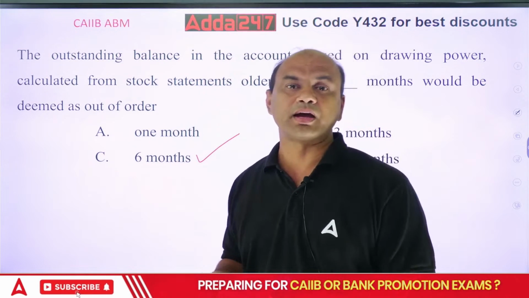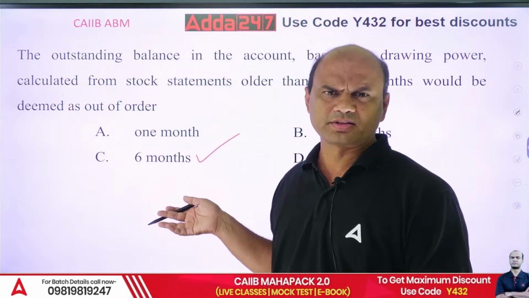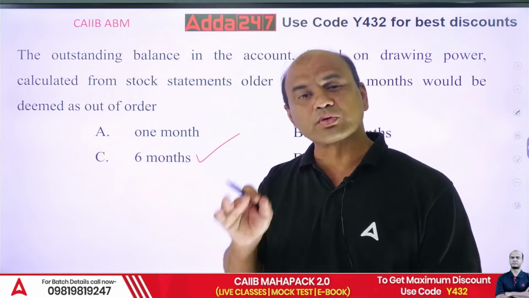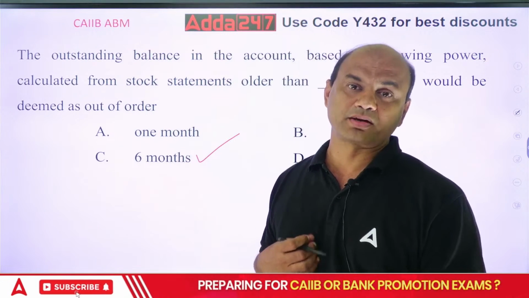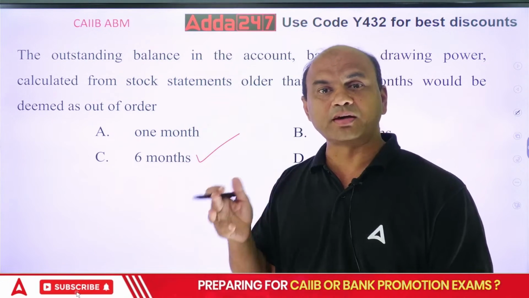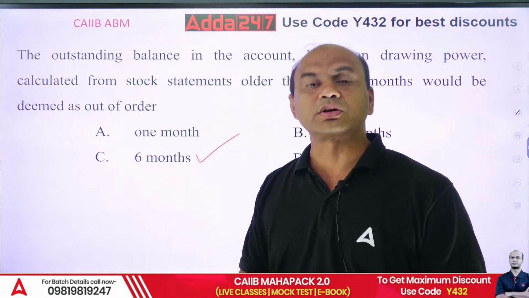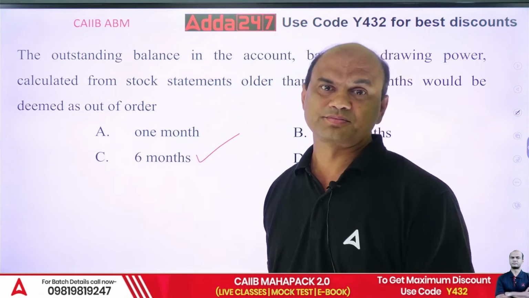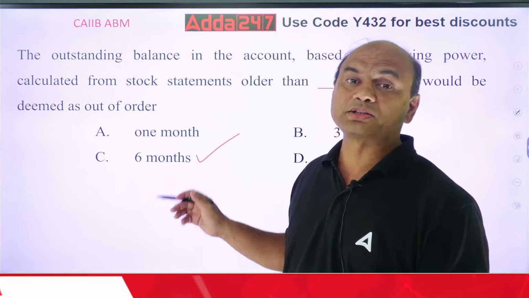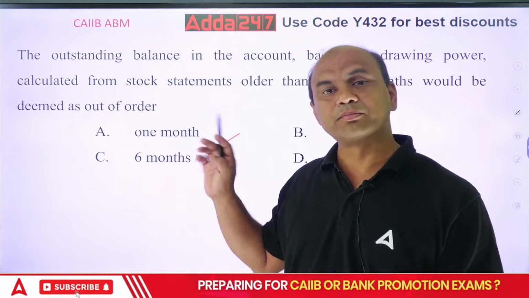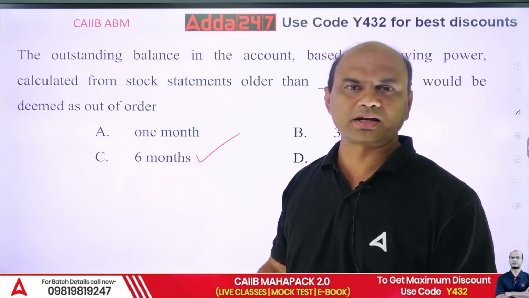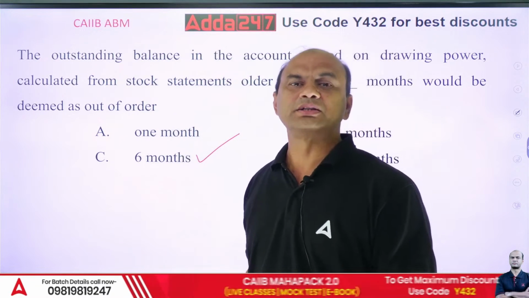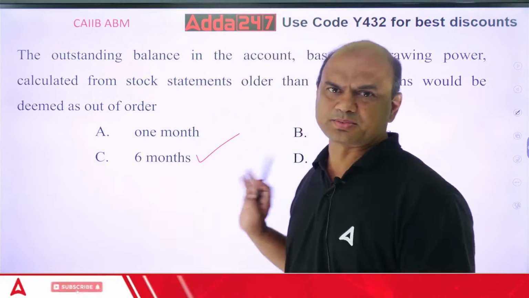If I am a vegetable vendor, 6 months stock is of zero use to me. If I am a farmer with onions, 6 months stock is of zero use to me. That's why I said it depends on the company and the specific bank's guidelines or board of directors' directives. But generally it is considered as 6 months.